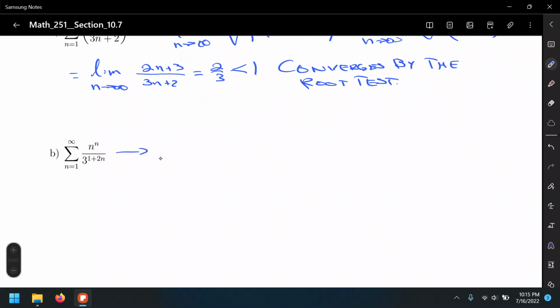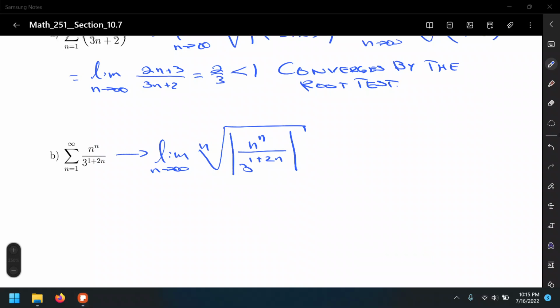Alright, so limit as n approaches infinity of the nth root of the absolute value of n to the n over 3 to the 1 plus 2n. In this case, let's see what's going to happen here.